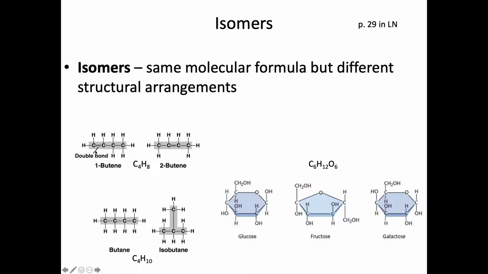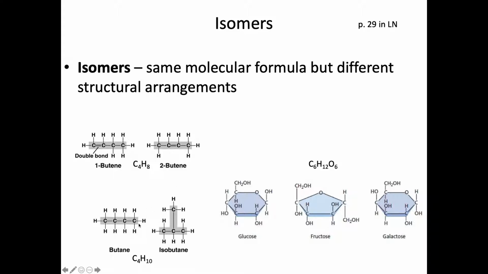Here, this double bond is placed at the first carbon. That's why it's called 1-butene. And here, we see that the double bond is at the second carbon, 2-butene. Because of this double bond placement difference, it's going to make these 2 molecules different, give them different characteristics, different properties.